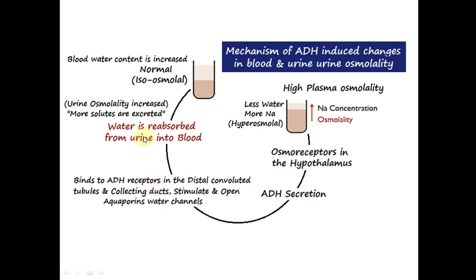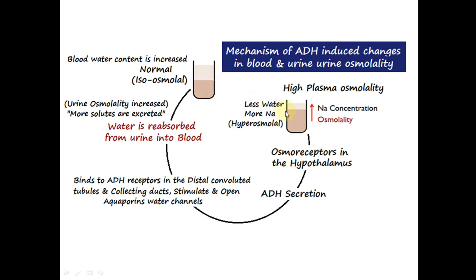So by increasing the water content and increasing more excretion of the solutes, the blood becomes isosmolar, where the solutes and the water contents are within the defined range.